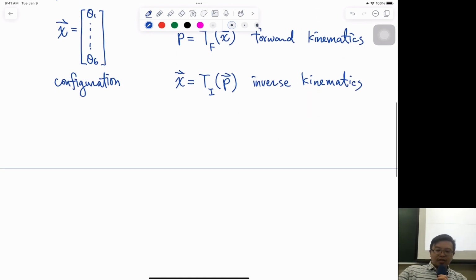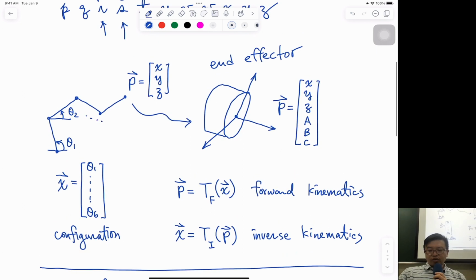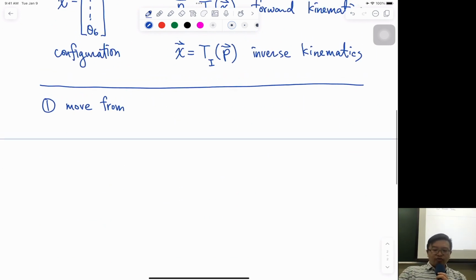So let's say there's one case where we want to move from, since I already use ABC, a P0 point to some Pn point.